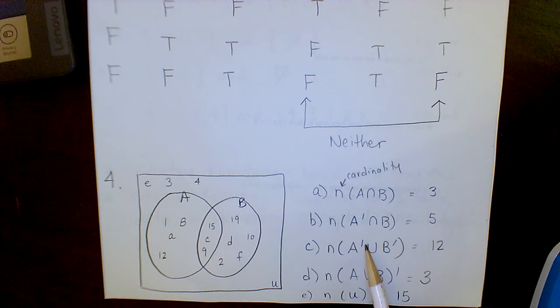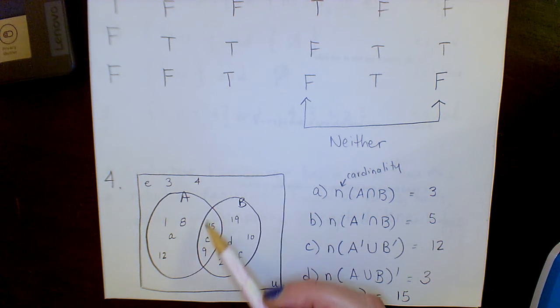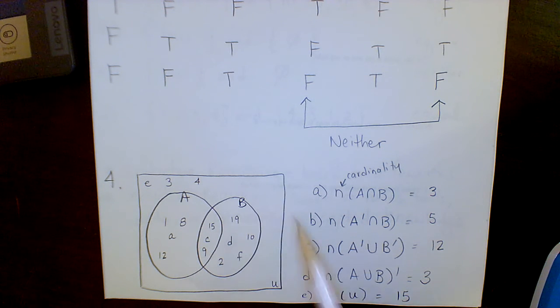The region that is not in A unioned with not in B. Alright, so that's going to be the stuff that's not in A combined with the stuff that's not in B. If you can imagine what that's going to look like, we've got everything outside of A and then everything outside of B. The only thing that gets left out of this union is this stuff right here.